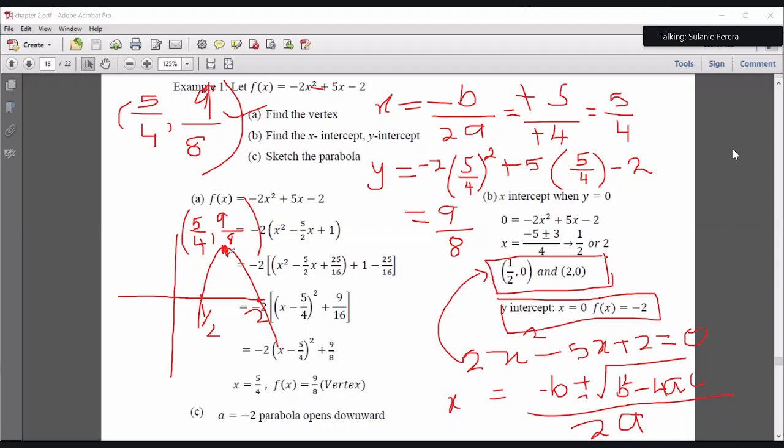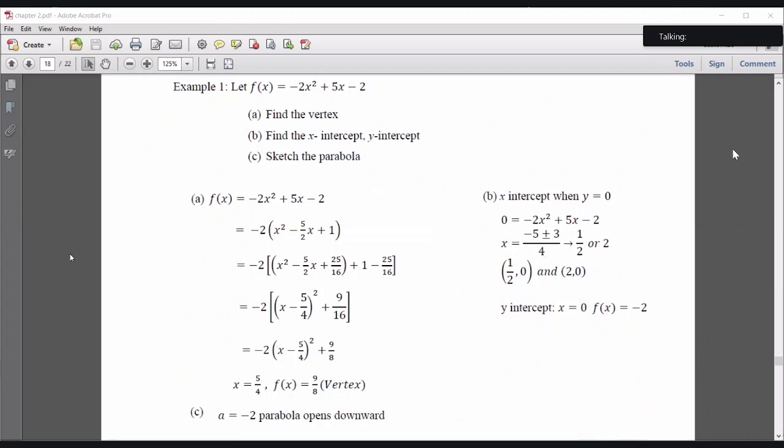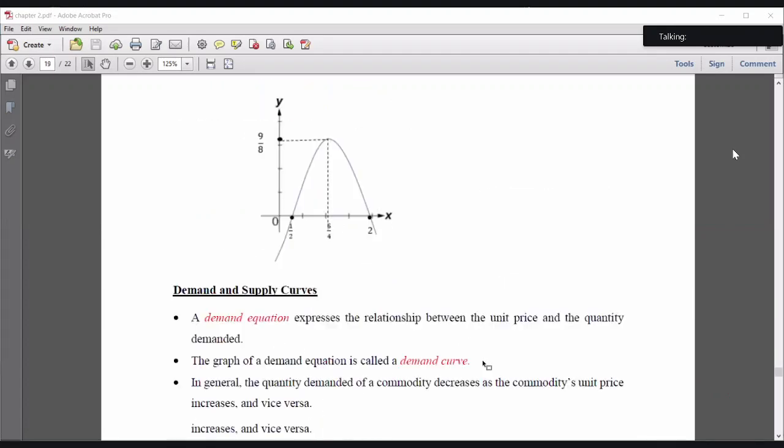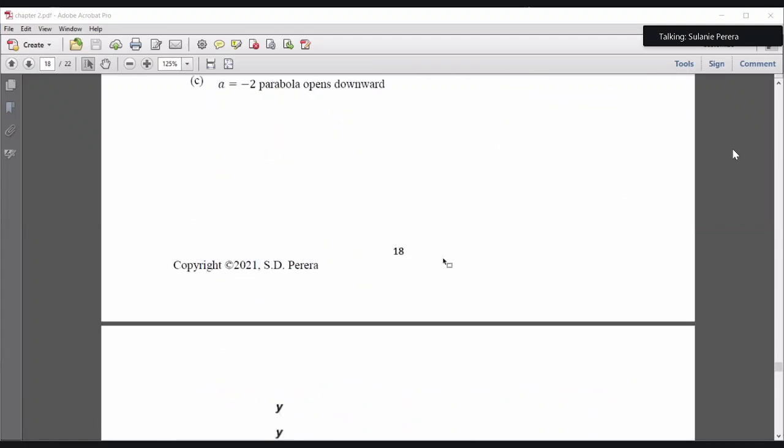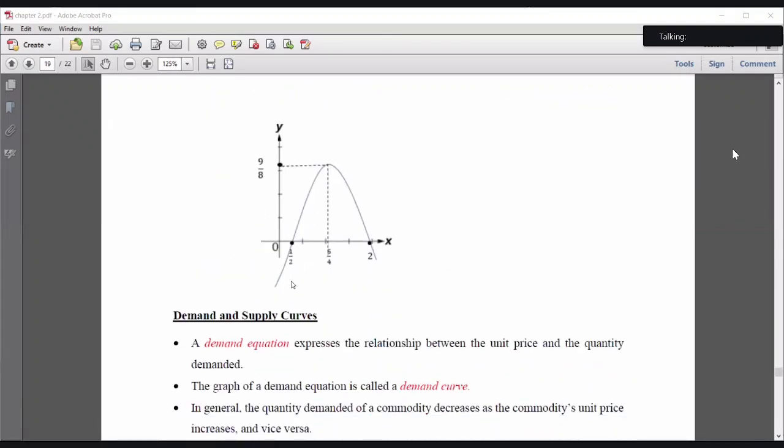Okay, so any questions? No questions? Yes, you can mark the intercept points as well. Yes, you have to. Yeah, I have done it over here. So it will cut the y-axis at minus 2. If you draw it further down, this will cut somewhere over here, at minus 2.